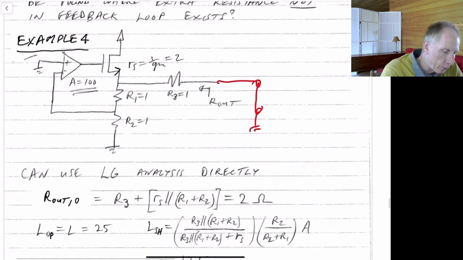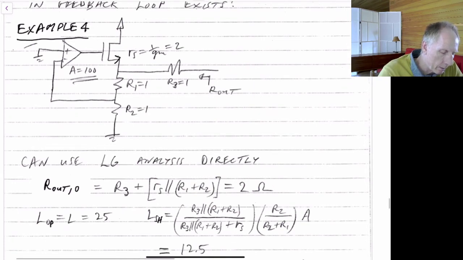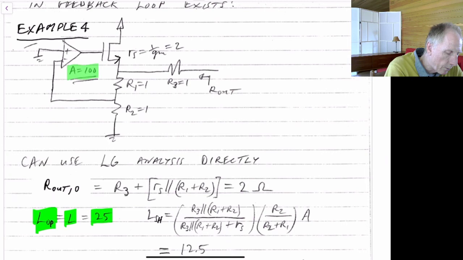If we did that, when it's opened, we would find that it is the original loop gain, and in this case it's 25 because we made A equal to 100. So we've changed A a little bit here. So A is 100 times the gain from here to here, which is 1/2, times the gain from here to here, which is another 1/2, so it's times 1/4. That gives a loop gain of 25.